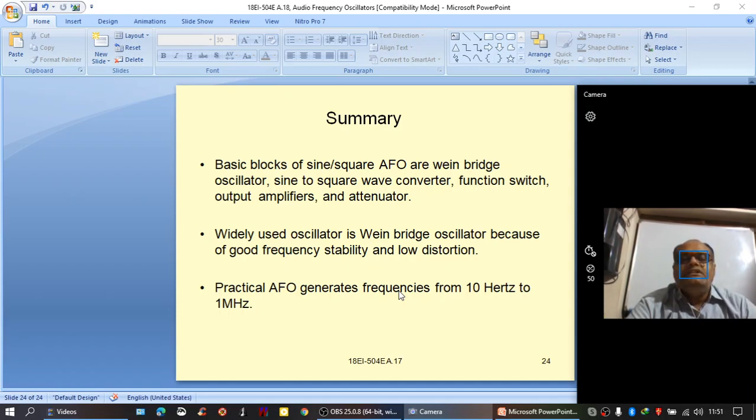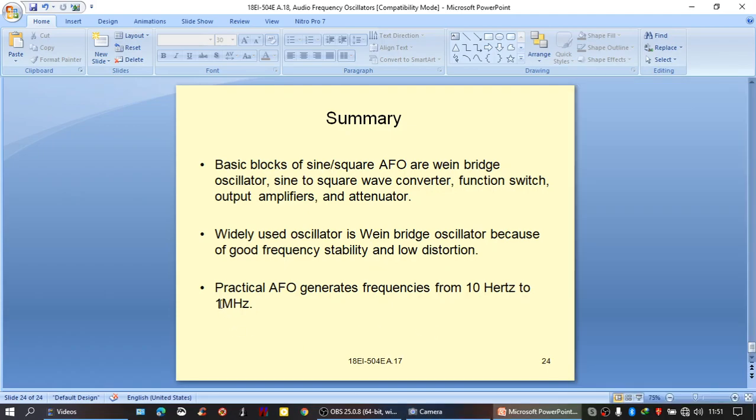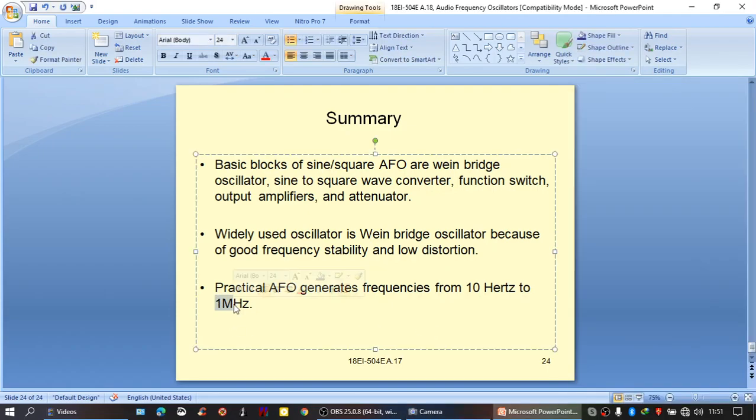Wien-Bridge is widely used because of good frequency stability and low distortion. A practical audio frequency oscillator generates frequencies from 10 Hz to 20 kilohertz.